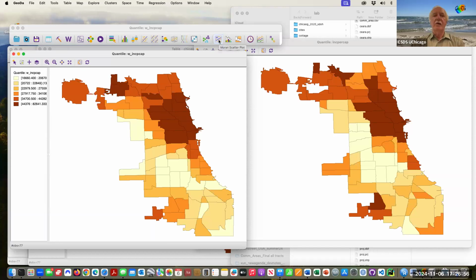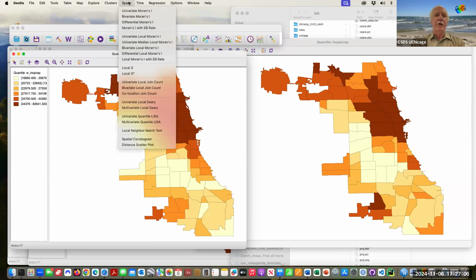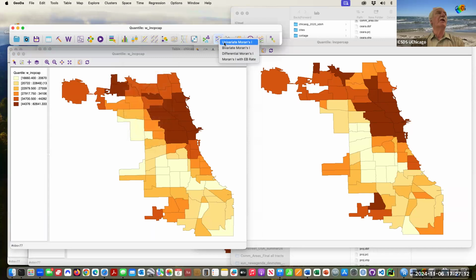It's this icon here, the Moran Scatter Plot. You can also get it from Space. If you go to Space, Univariate Moran's I, that's what you want. Or here, Univariate Moran's I. We won't talk about multivariate anything today.